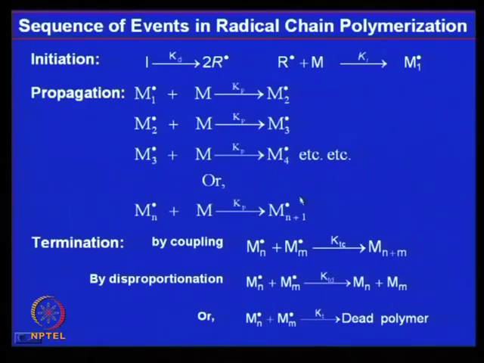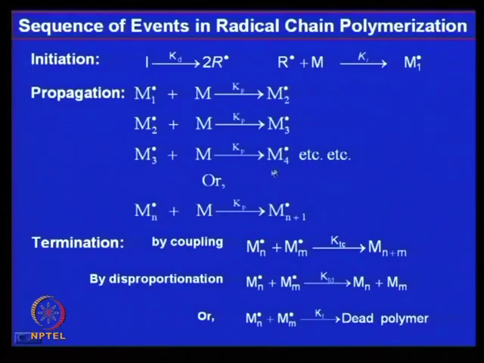Live in the sense they have the capability of adding more monomers. If there are monomers available in the reactor, it will go on adding monomer till it becomes dead. These are live radicals, these are not dead.